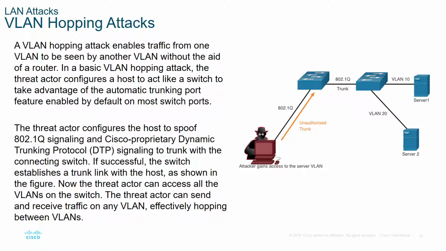If successful, the switch establishes a trunk link with the host as shown in this figure. Now, the threat actor can access all the VLANs on the switch. The threat actor can send and receive traffic on any VLAN, effectively hopping between VLANs.